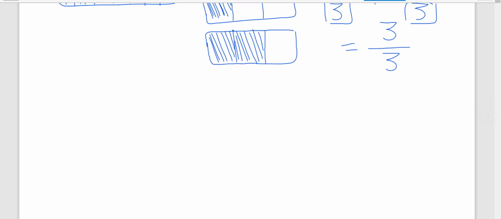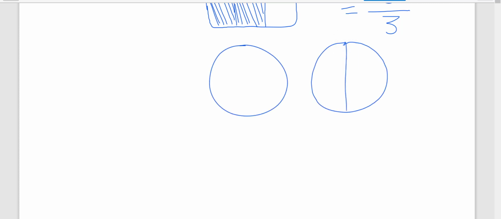Another example: if we have two models divided into 4 equal parts, and in the first model we shade 2 parts, and in the second model we shade 1 part.